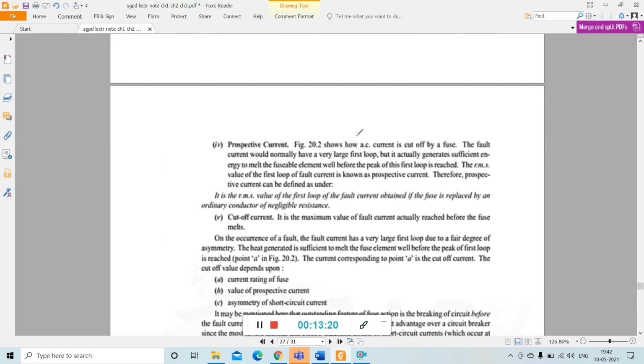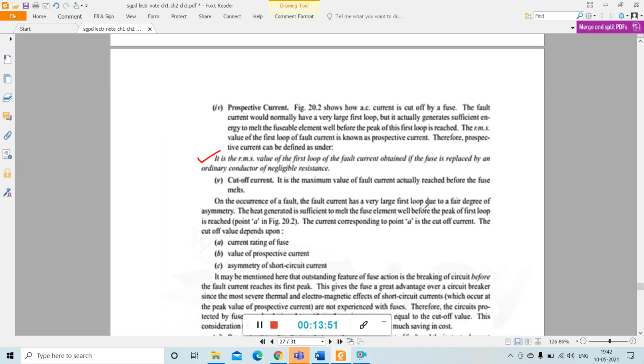Okay, so the fault current would normally have a very large first loop, but it actually generates sufficient energy to melt the fusible element well before the peak of this first loop is reached. So the RMS value of this first loop of fault current is known as the prospective current. So the prospective current is defined as the RMS value of the first loop of the fault current obtained if the fuse is replaced by an ordinary conductor of negligible resistance.